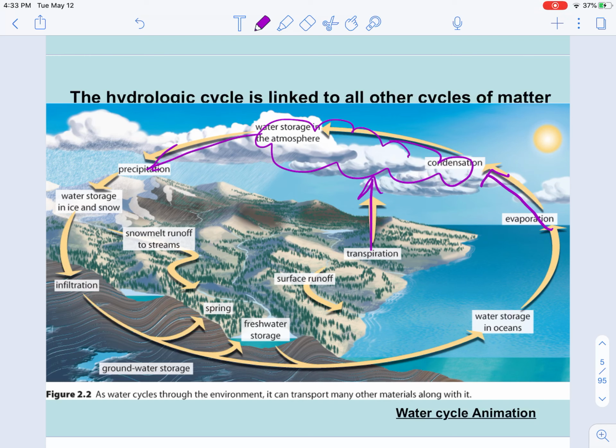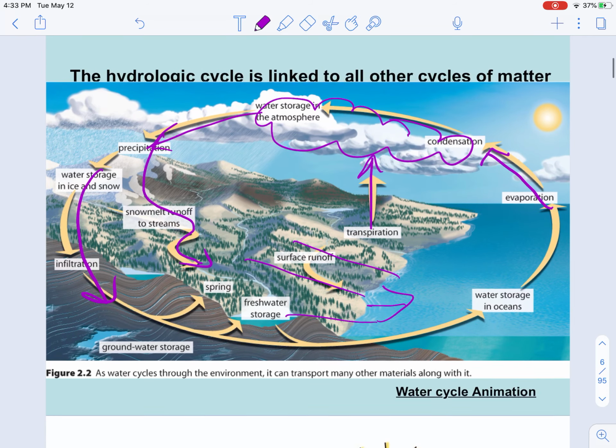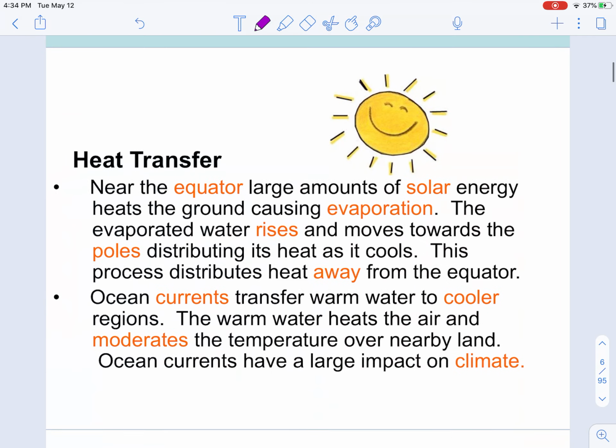Those clouds will eventually precipitate as either rain or snow or sleet, and that precipitation will either go right into the ground or above ground and go into the waterways. So we have some that could be underground or surface, but eventually it's all flowing to the ocean and starts our cycle again. Pretty simple cycle.